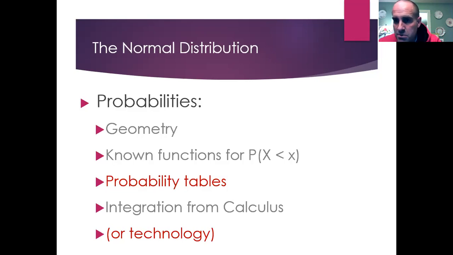And that's the same as the probability of being above the mean, because the thing is symmetrical about the mean. So you can use some geometric facts in that sense, just reflecting probabilities around using symmetry. But for the most part, we're going to have to resort to either using tables or technology, okay?